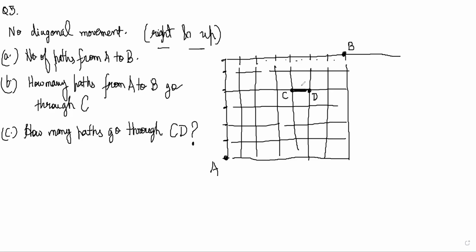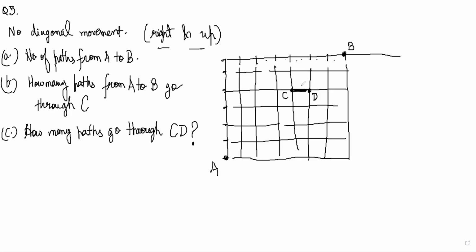So is the first one 13 factorial by 6 factorial into 7 factorial? How? Why are you saying that? So basically to reach from A to B we need 7 horizontal movements and 6 vertical movements. So the total will be 13.